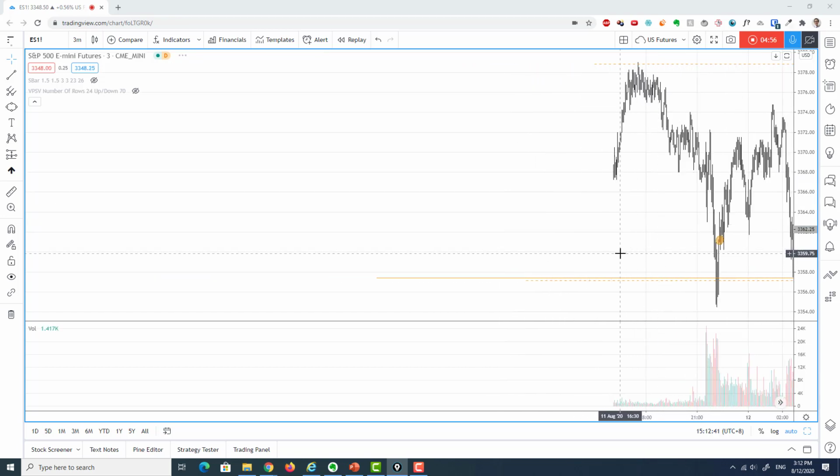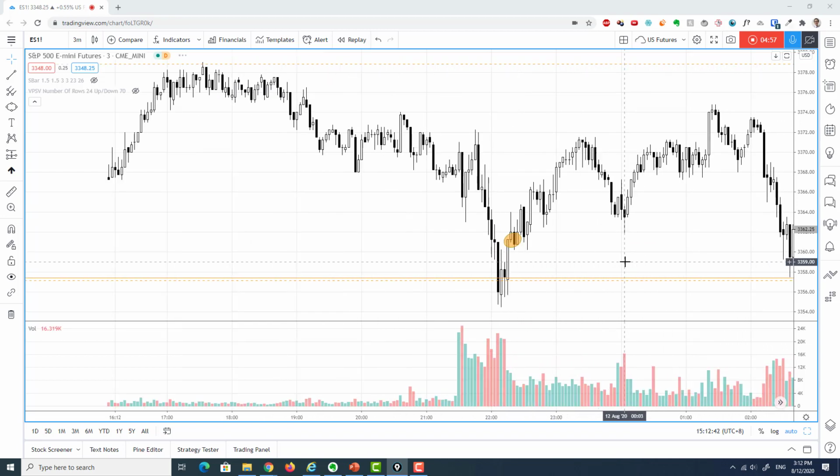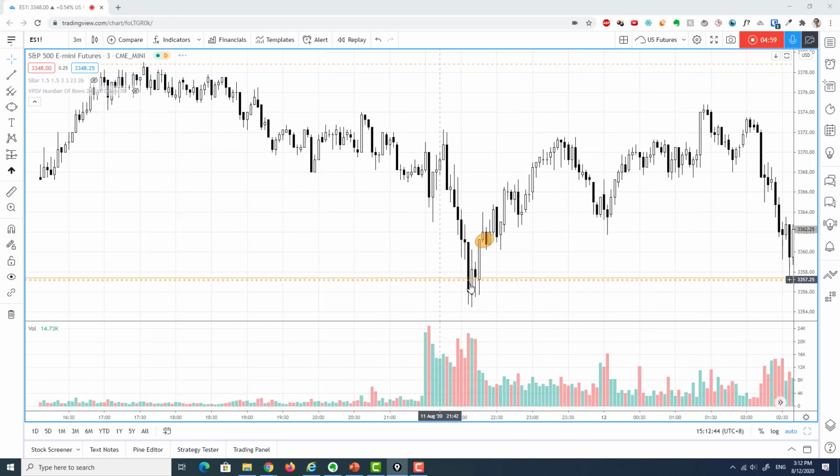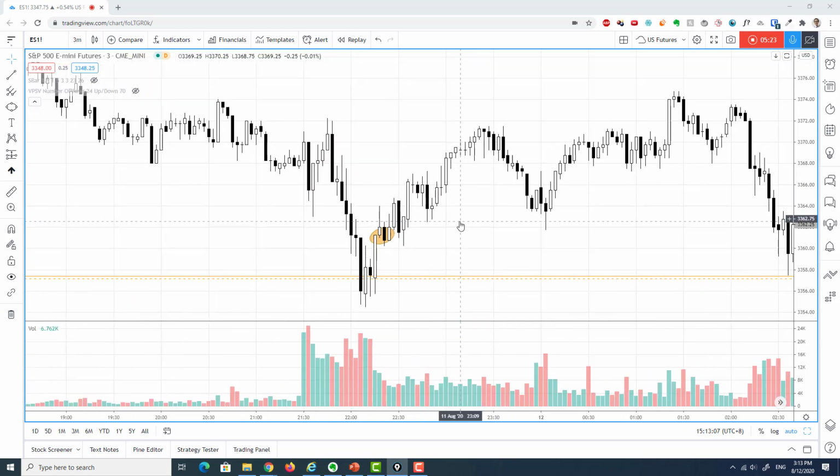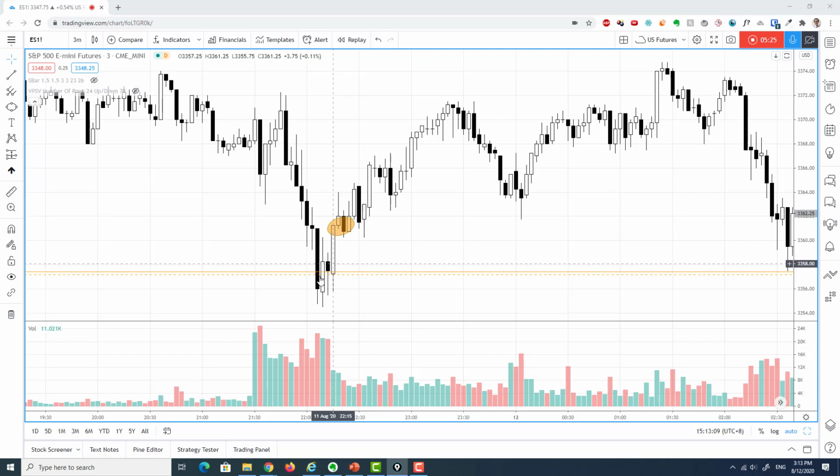Anyway, this level acted as a supporting level, right at the US opening session. We saw a bit of a wick rally up and then a reaction down, and that came with an increasing supply level, which is considered relatively high.